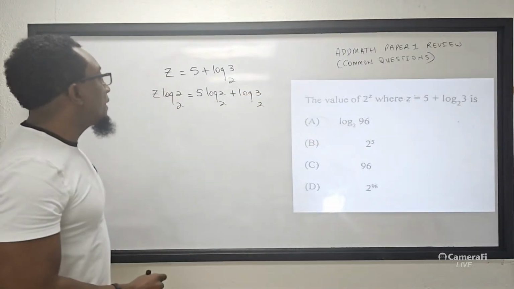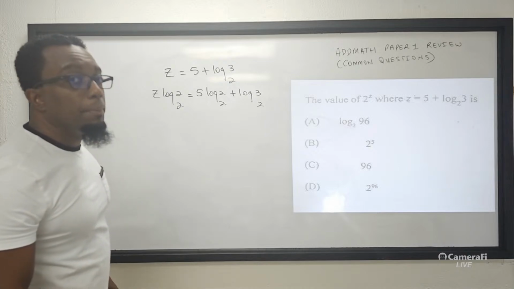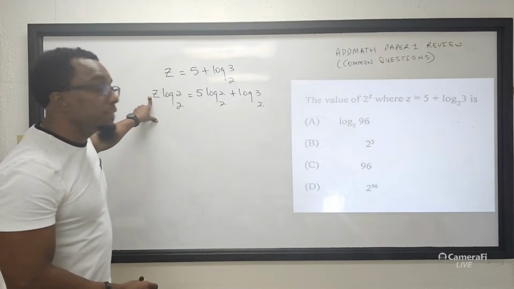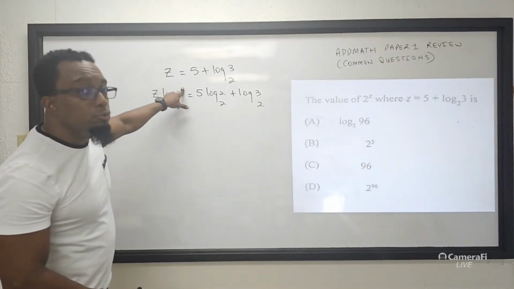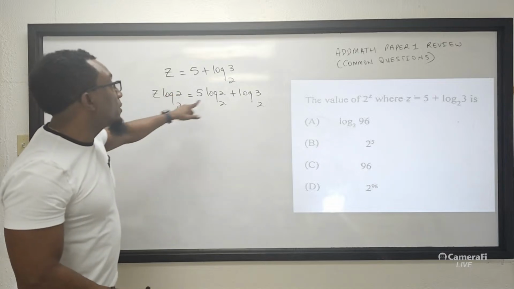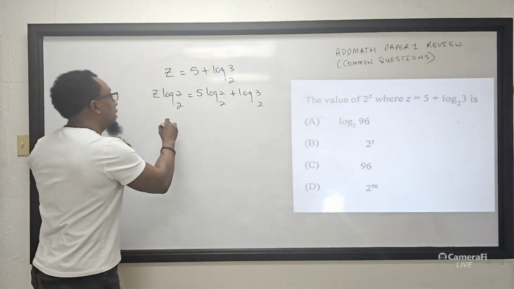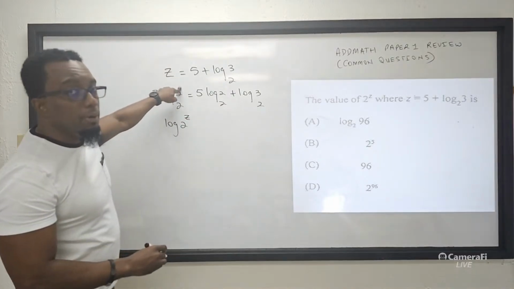And now that we have done so, we can apply what we call a power law. Power law is where I'm going to take this z in front of my log notation, and that z now becomes the power of 2. And you call this the argument. You call all those arguments. So therefore this becomes log of 2 to the power of z. This z now becomes the power of 2.